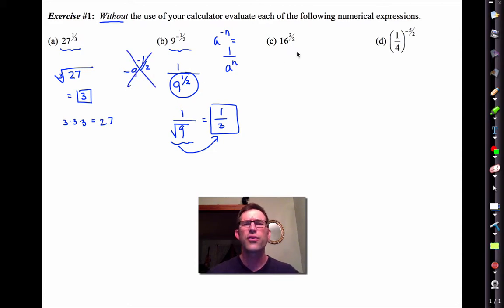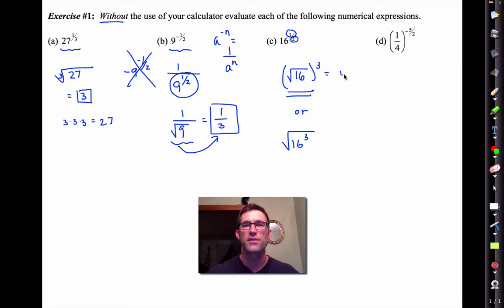All right, 16 to the 3/2. Well, this is a combination of both a root and a power. So what we've got here is the square root of 16 cubed, or we've got 16 cubed that we've then taken the square root of. Now, if you have to do this without a calculator, it's probably going to be easier to take the root first, right?